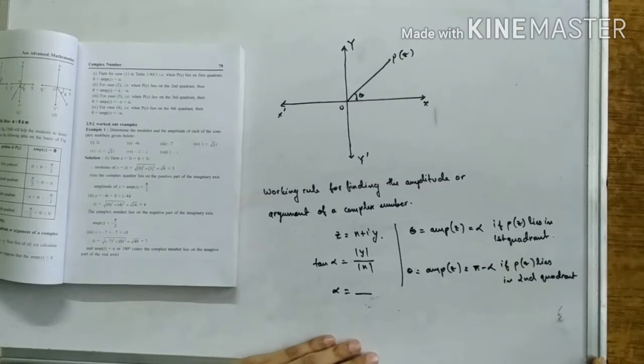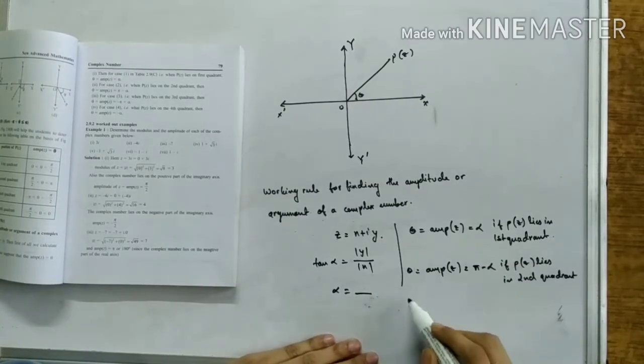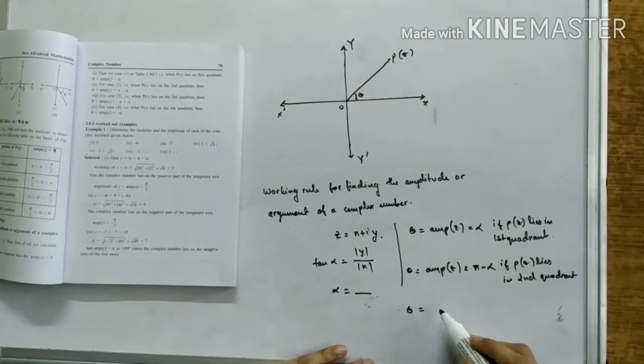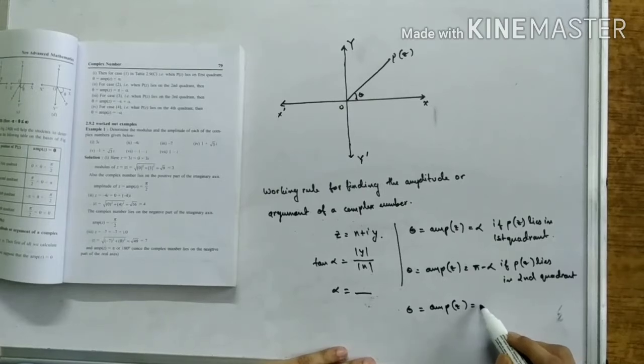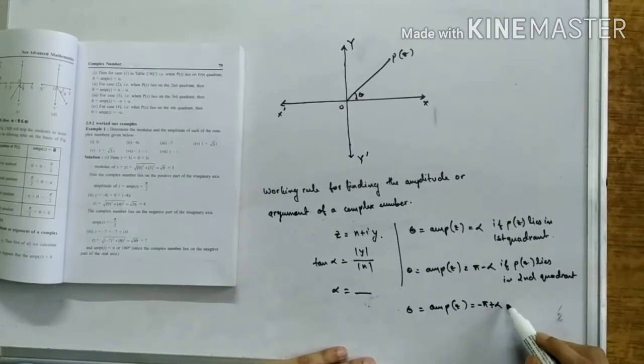And then next, theta, the amplitude of z, will become minus pi plus alpha if P(z) lies in the third quadrant.